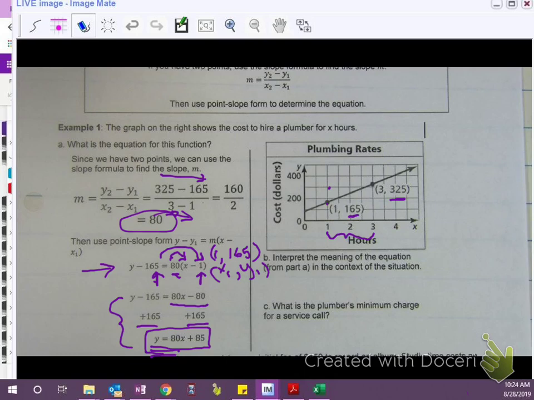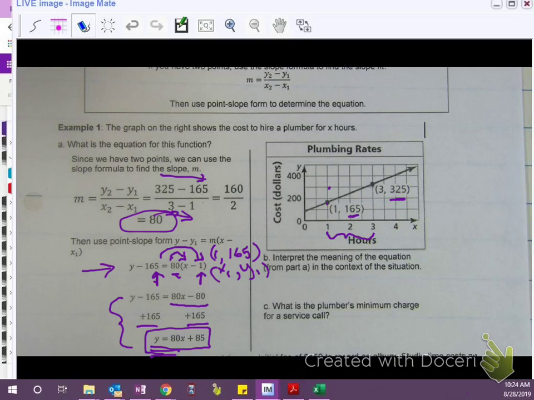Yeah. All right. The C part says, what is the plumber's minimum charge for a service call? So $85. Did anybody decide it was $165? Okay, this question is worded in such a way that it kind of depends on your interpretation.